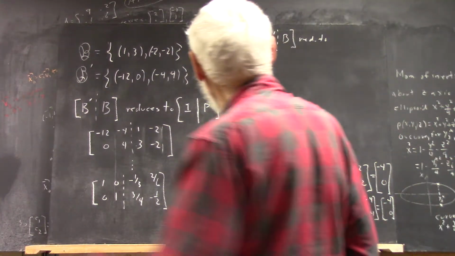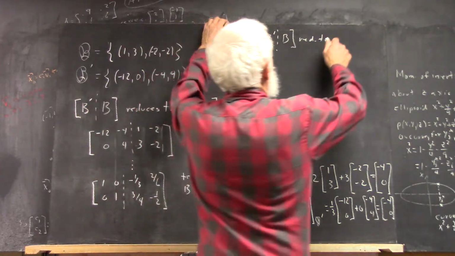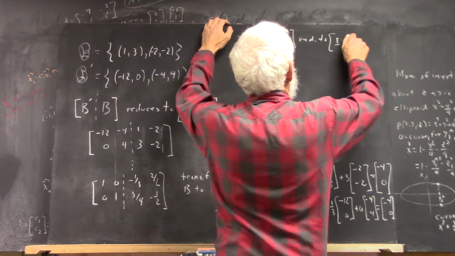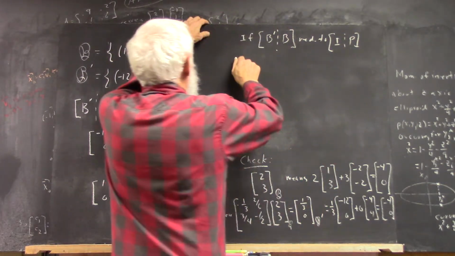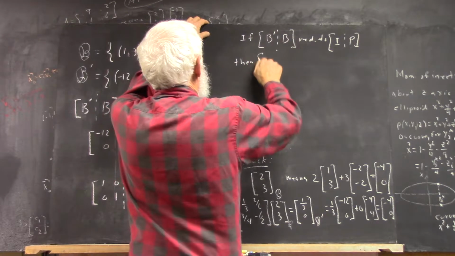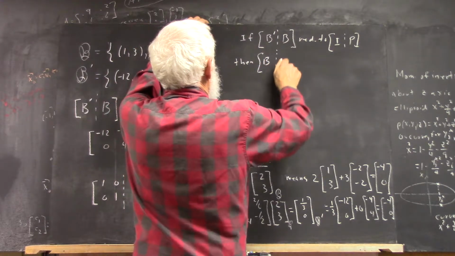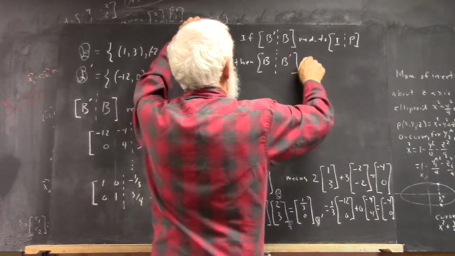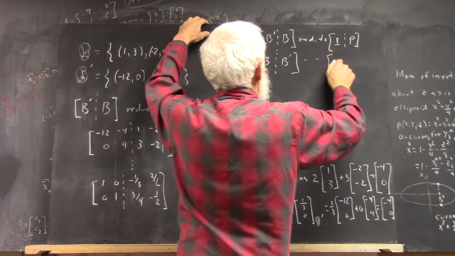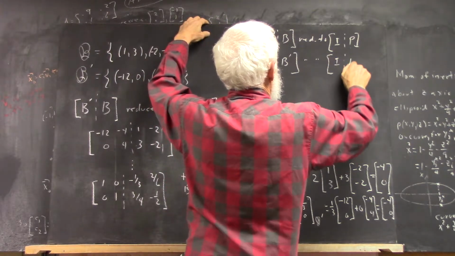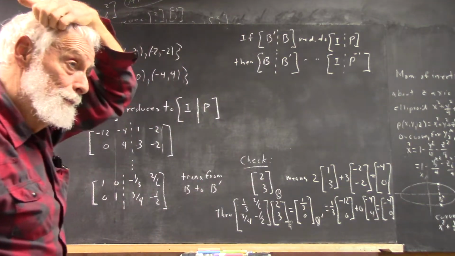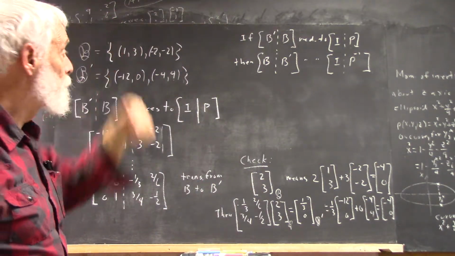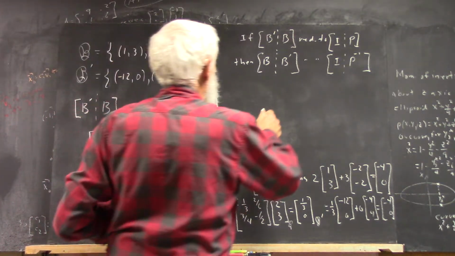Okay, so anyhow, if this reduces to IP, then this has to reduce to IP inverse. Well, when you reduced it, what'd you get?